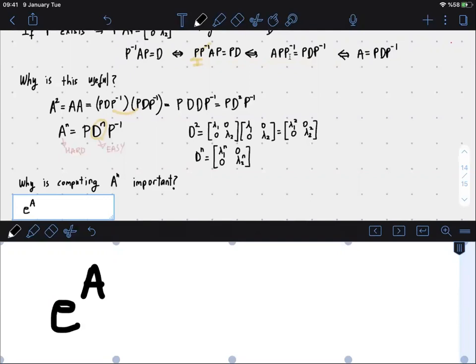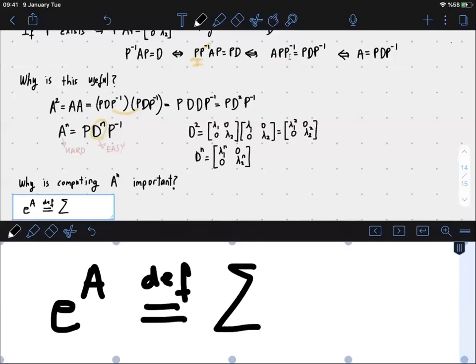So this is the usual exponential function, but this time it's not e to the power some number, but e to the power some matrix. So how do we define this? The definition is basically an infinite series that you are seeing in calculus. If you remember the Taylor series for e to the power x, it is the sum of a to the power n divided by n factorial.